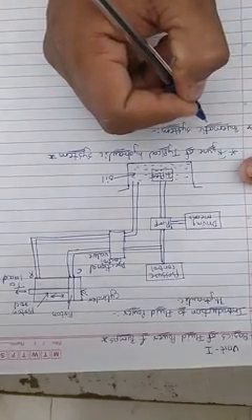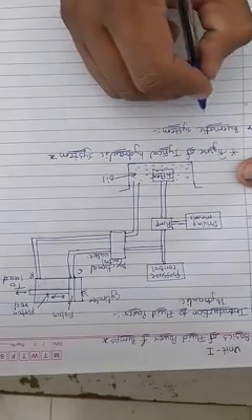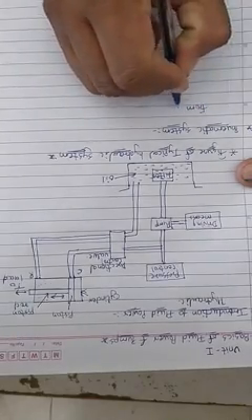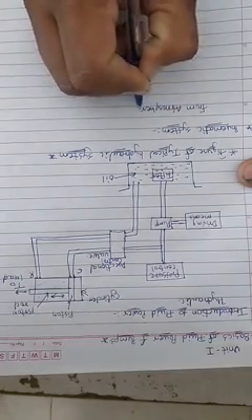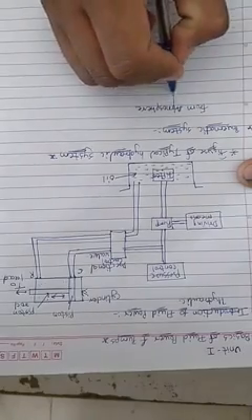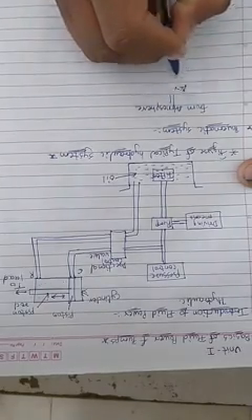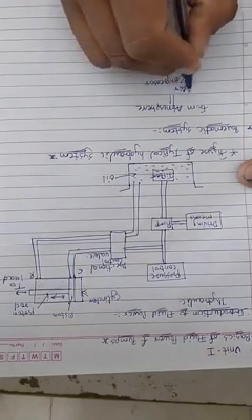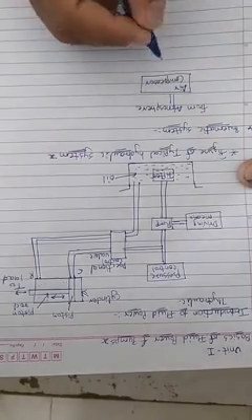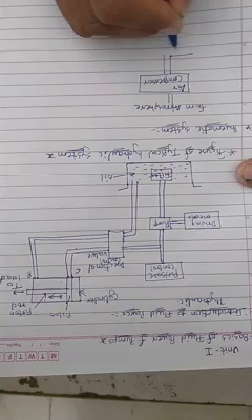In the pneumatic system, first there is air from the atmosphere, then there is an air compressor. Then there is a pressure control valve.